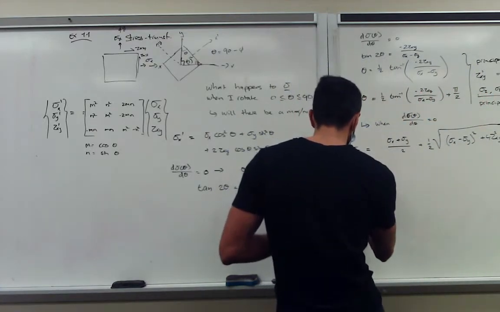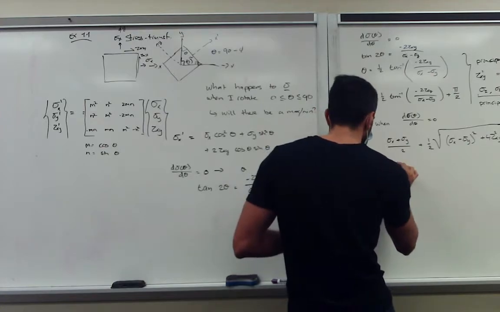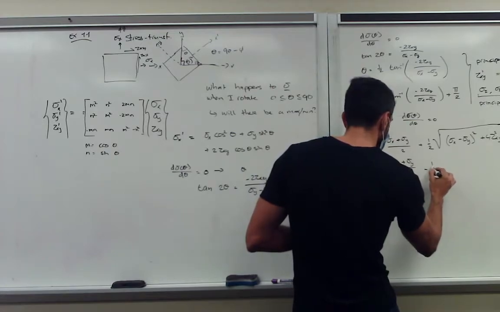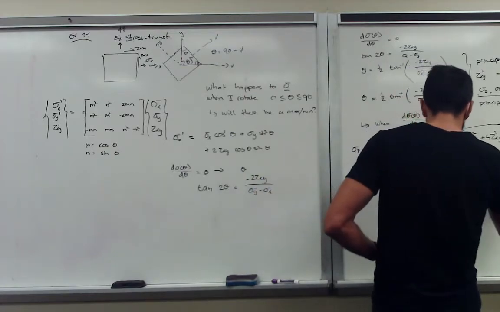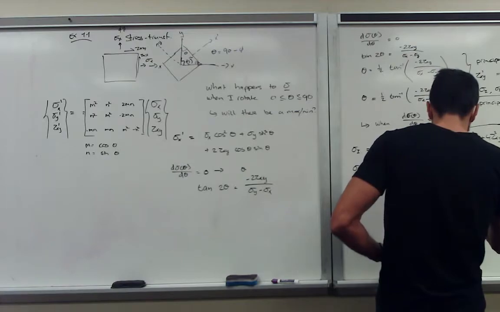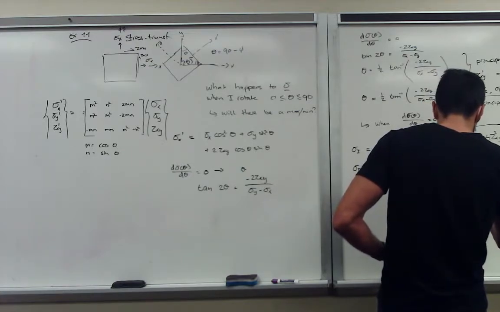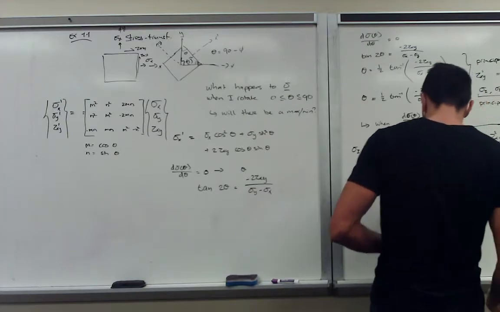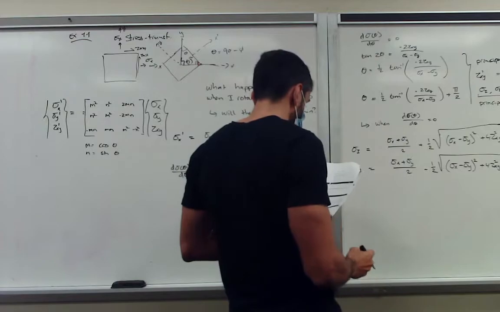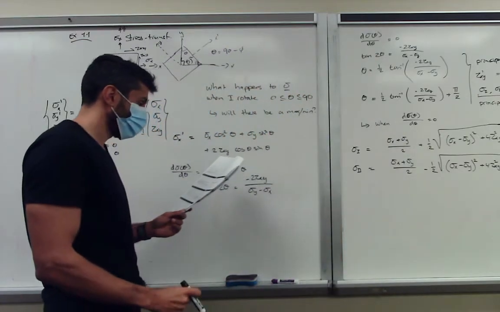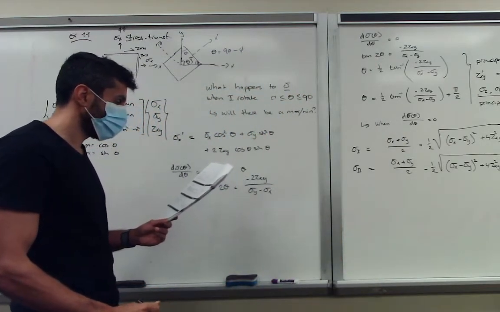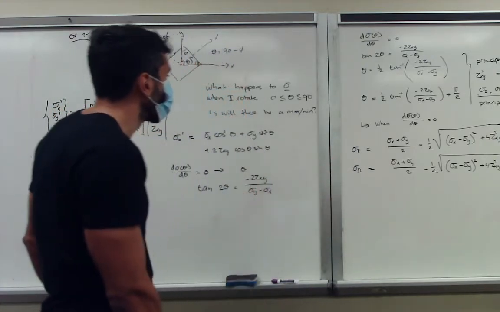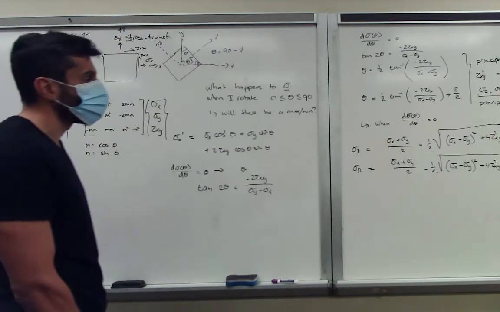And then sigma 2 will be at 90 degrees, so it changes. So this will be our equation if we derive it for the maximum principal stresses.